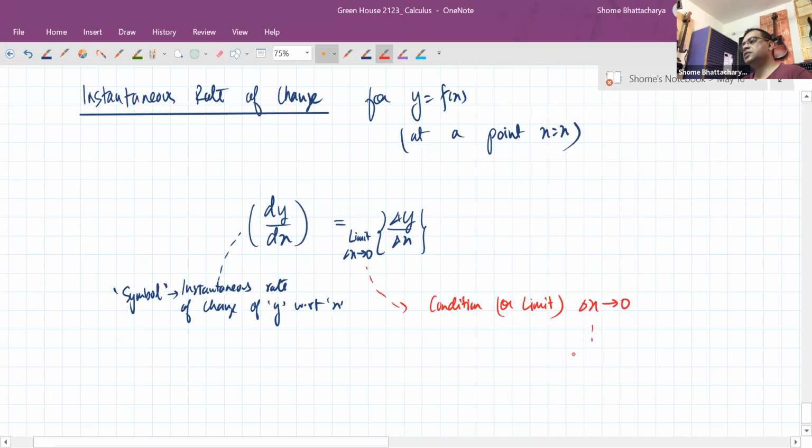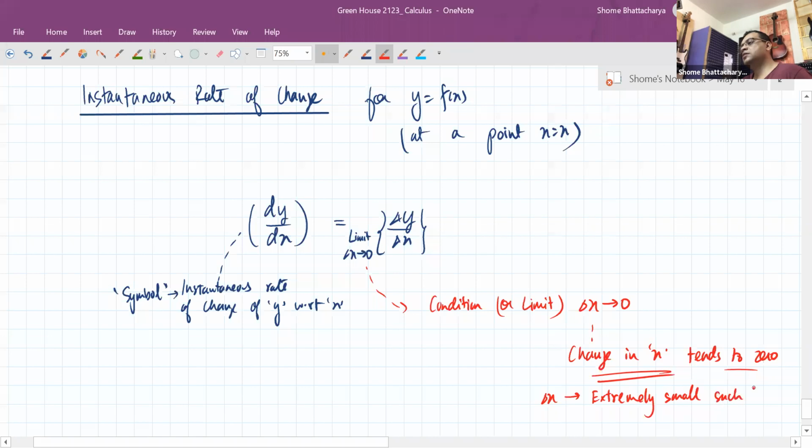So this is read as change in x, that is delta x, tends to 0. That means delta x is extremely small, such that it's almost 0. That is the meaning of saying that it tends to 0.